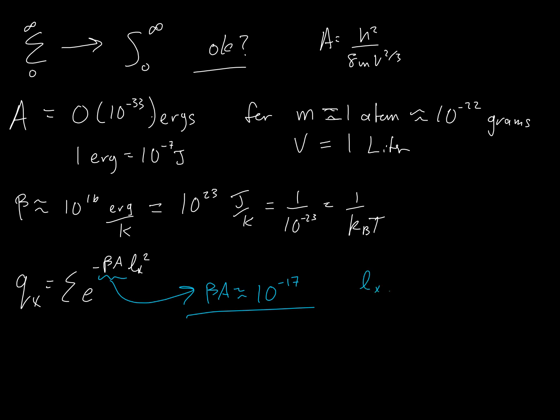Whereas Lx, Ly, and Lz are integer values: 0, 1, 2, 3, all the way up to infinity. So my summation is in steps of 10 to the minus 17. So that's probably totally sufficient to approximate that as continuous.